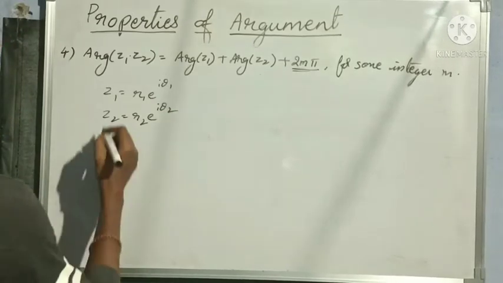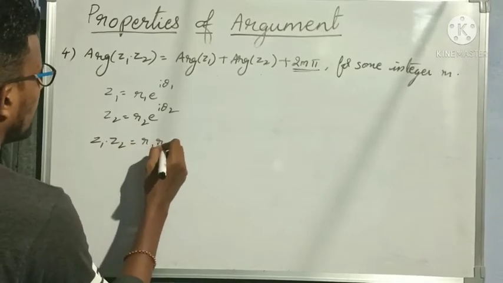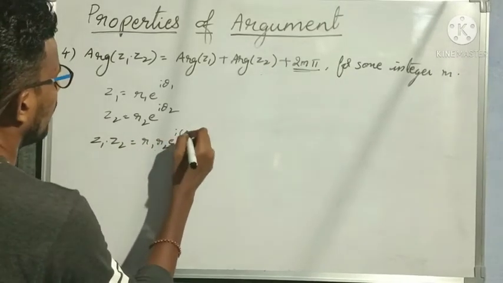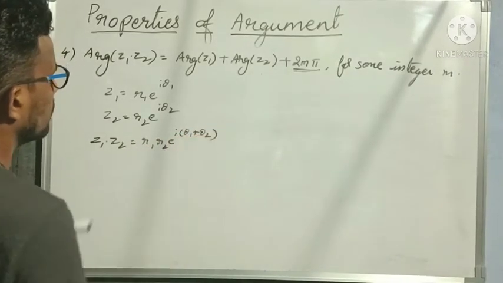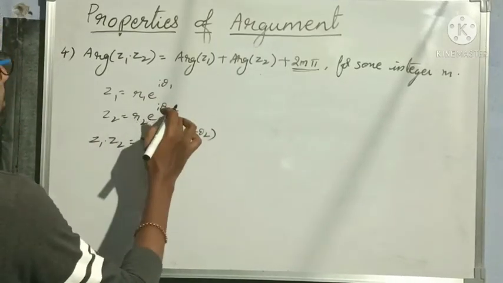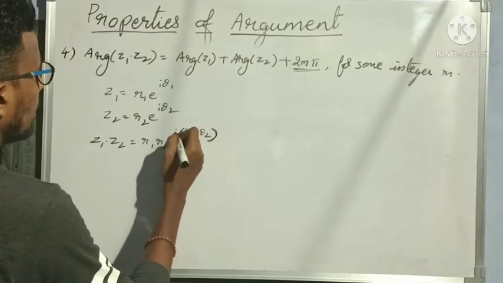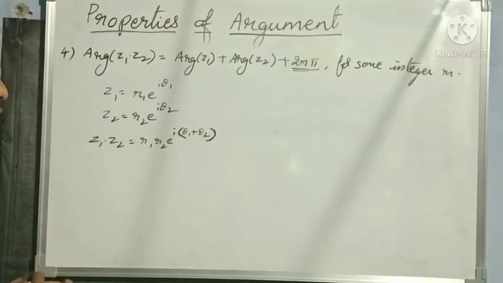So z1 into z2 is equal to r1 r2 into e power i of theta 1 plus theta 2, right? a power m into a power n is equal to a power m plus n. So i theta 1 plus i theta 2, i is common, so I get theta 1 plus theta 2 in the brackets.